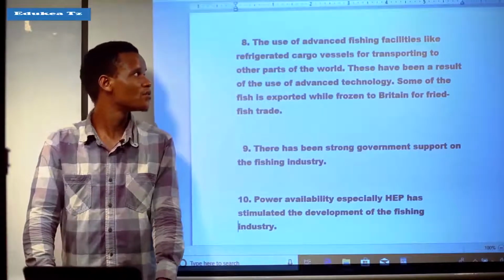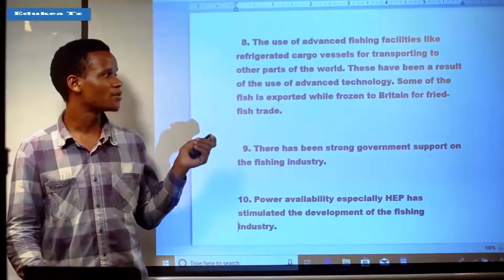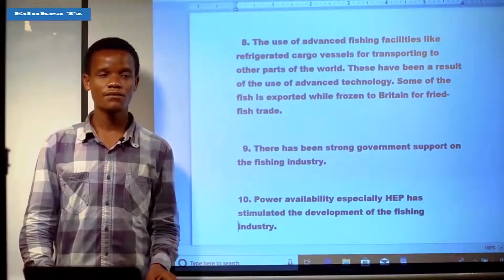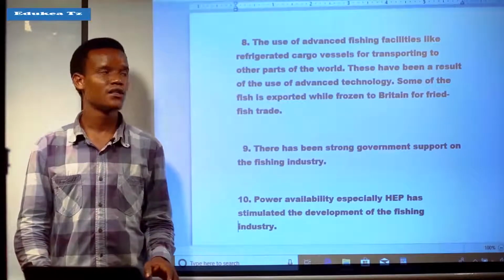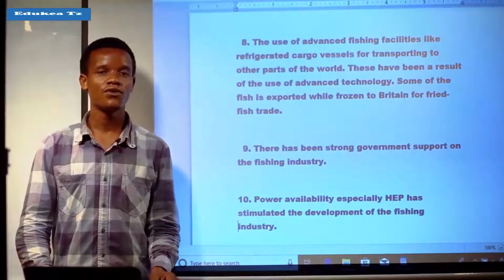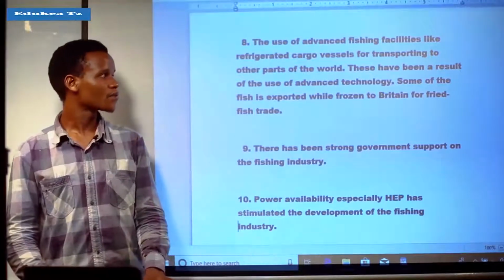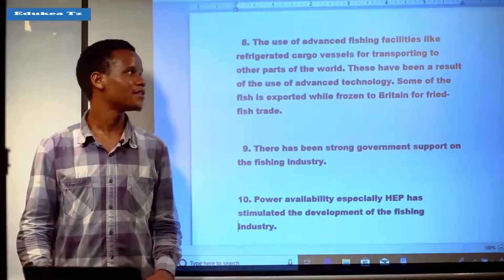Those facilities include refrigerated cargo vessels for transporting fish to other parts of the world. So the country of Norway has advanced fishing facilities, for example the refrigerated cargo vessels used for transporting the fish from one part of the world to another part.